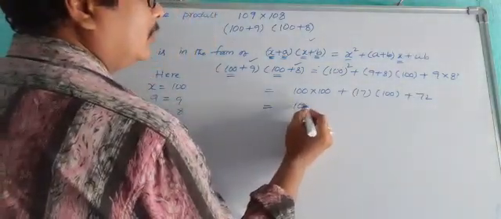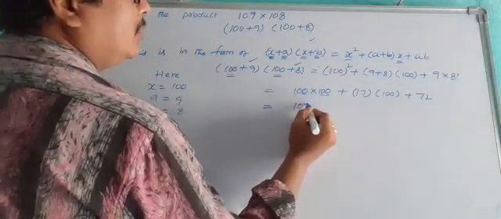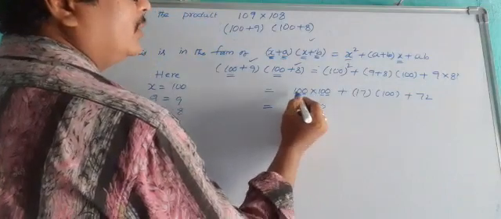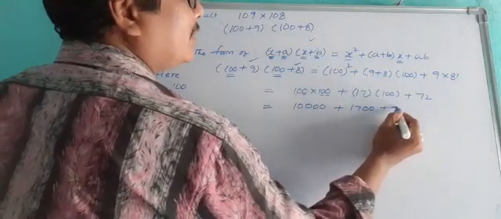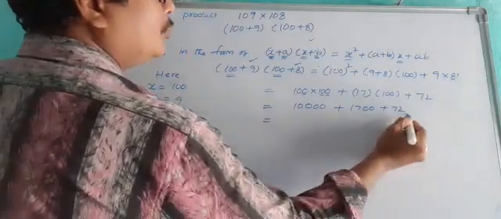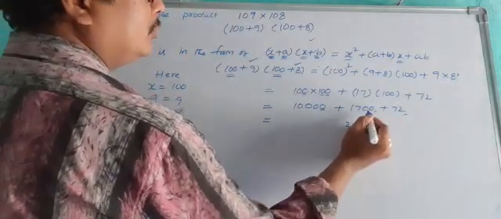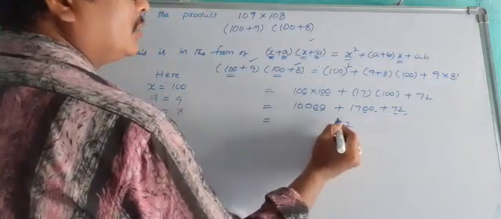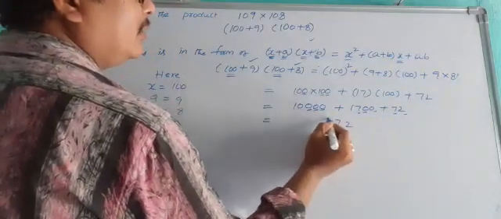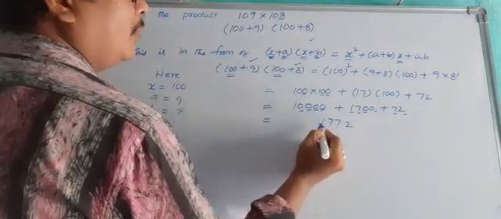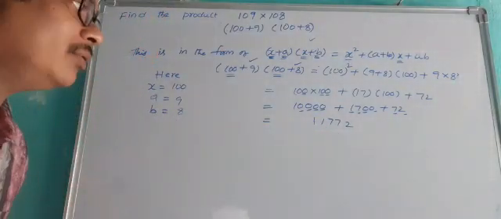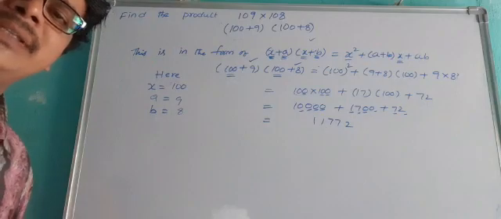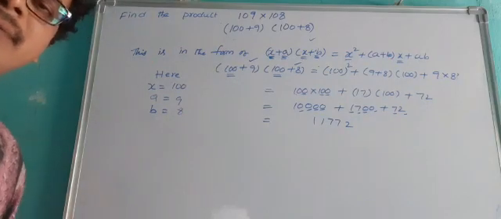So 4 zeros, you write 4 zeros, 1 into 1, 1. This is 1700 plus 72. Adding them, the answer is 11,772. Okay, that's enough.